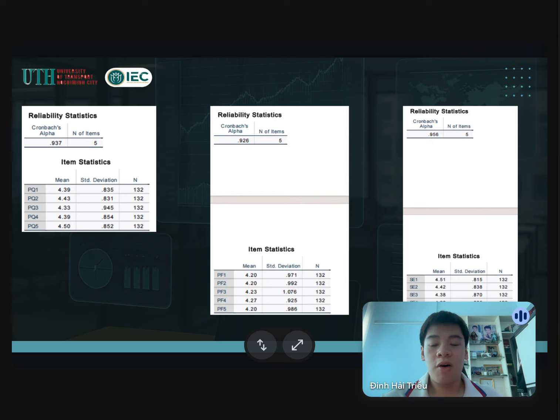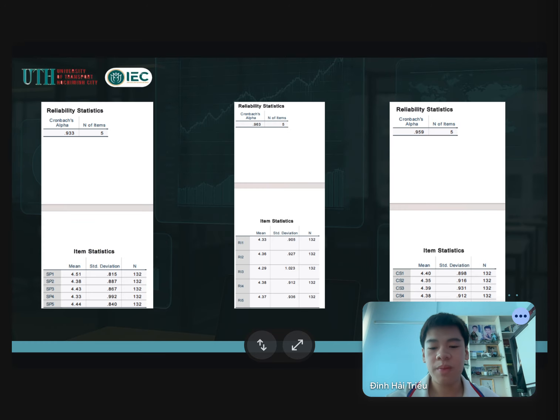Looking at the results, almost every construct performs extremely well. For example, product quality has a Cronbach's alpha of 0.937, product features has 0.926, service experience reaches 0.956, service performance records 0.933, customer satisfaction achieved 0.959, and finally repurchase intention has the highest alpha value of 0.963.